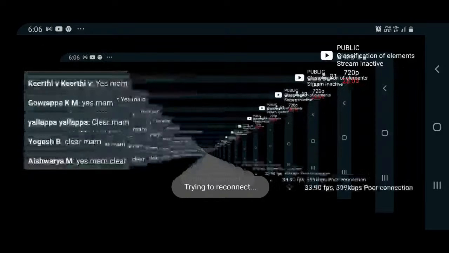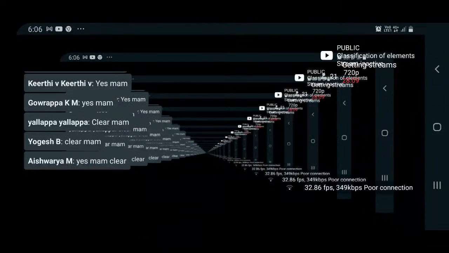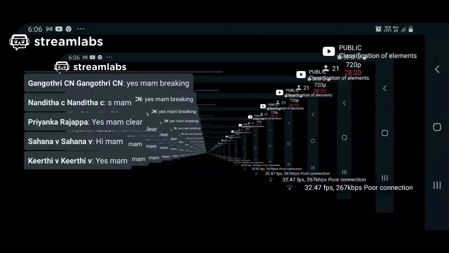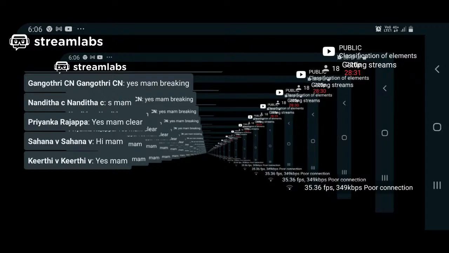And they found that these showed similar properties, the same properties. But the demerit of this law of octaves is that it holds good only till calcium.